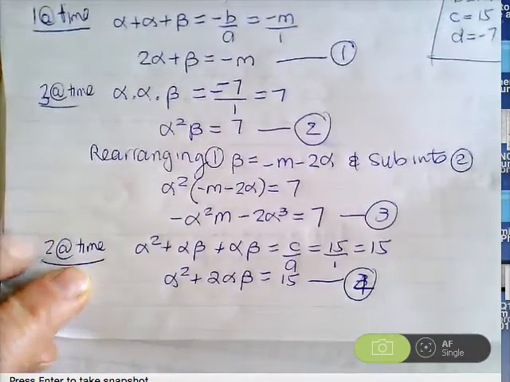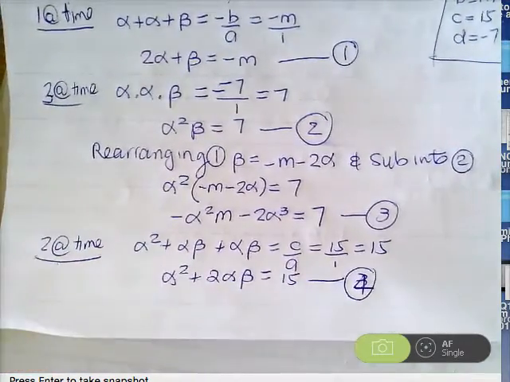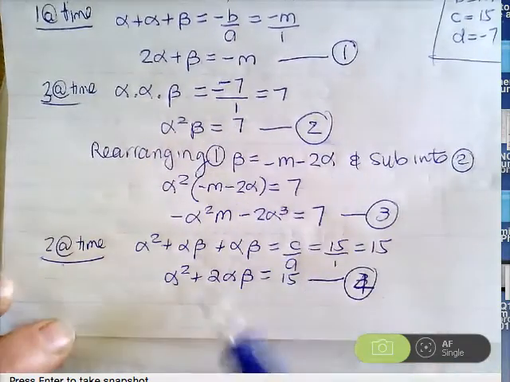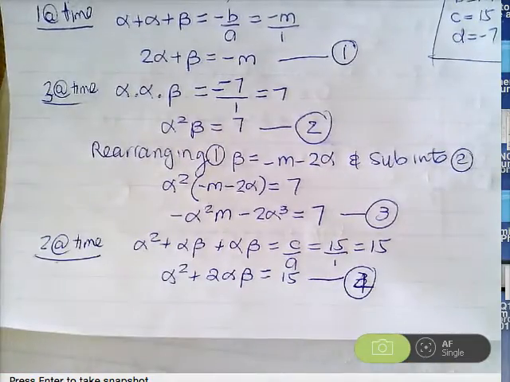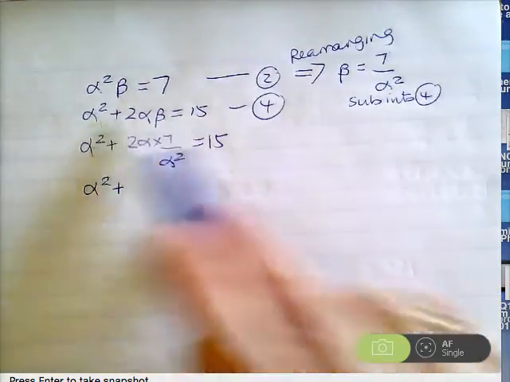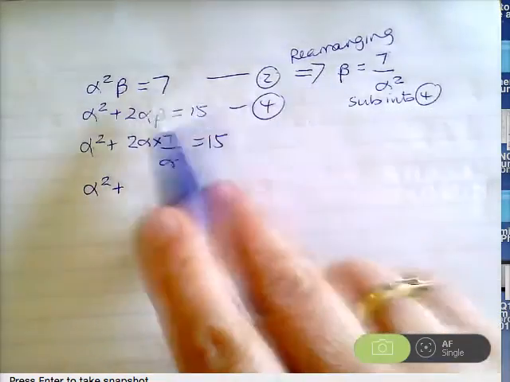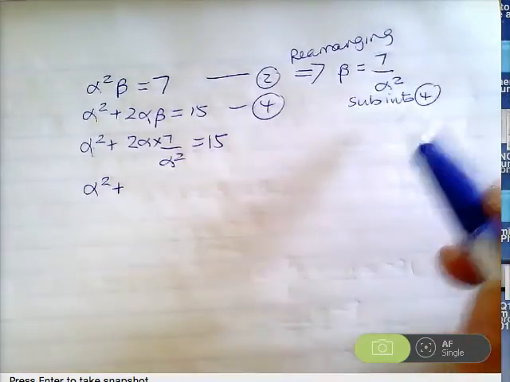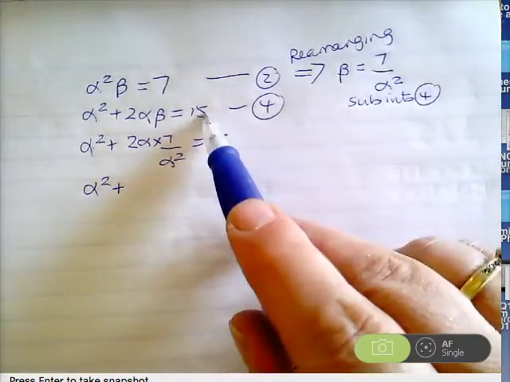Could you try and solve equations 2 and 4 simultaneously, please? Because they're the ones with only alpha, beta, and a number. We're rearranging equation 2 to make beta the subject, so beta is 7 on alpha squared, and we're substituting that into equation 4.